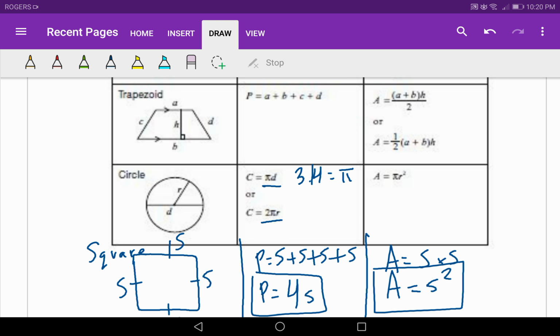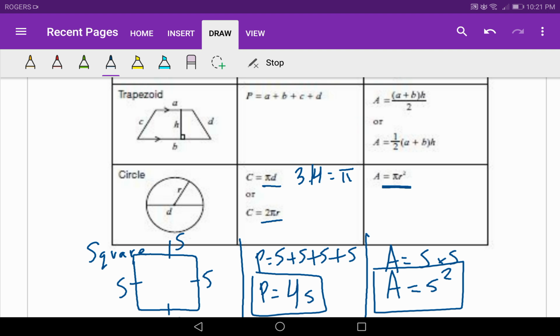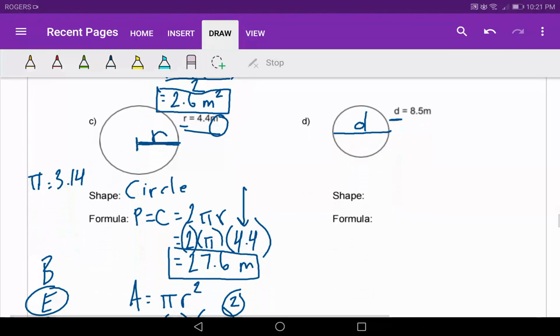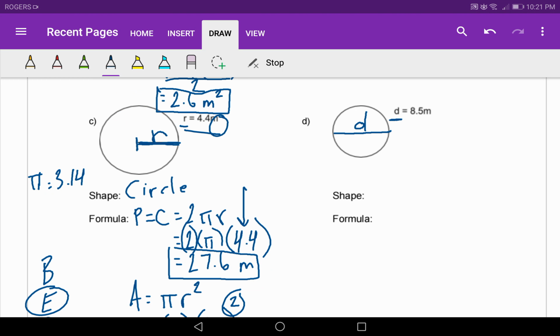Now when you look at area, you can see that there's only the radius. There's no formula for the diameter. And that's okay, so don't worry about that. Here's what you do when you get that situation. I do this all the time. If I'm given the diameter, I right away take this and I divide it by 2 to give me the radius.